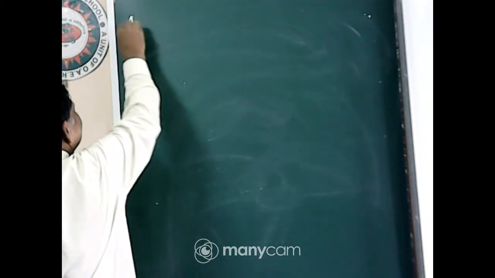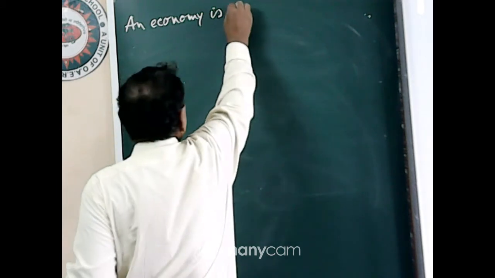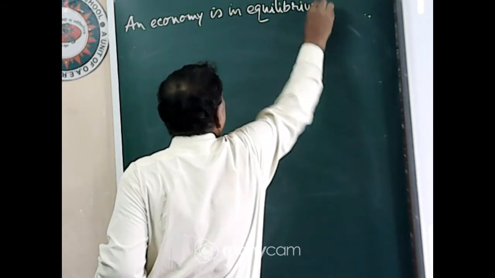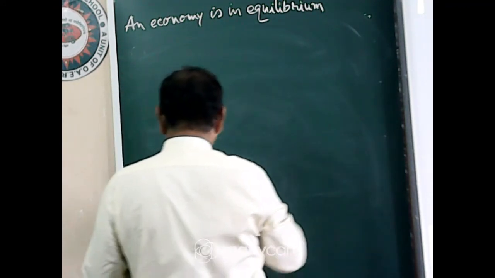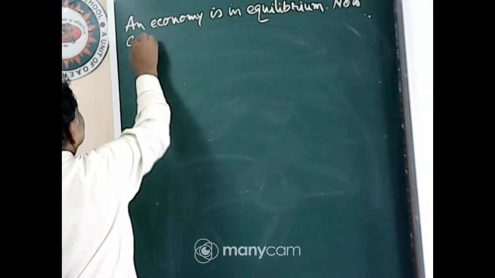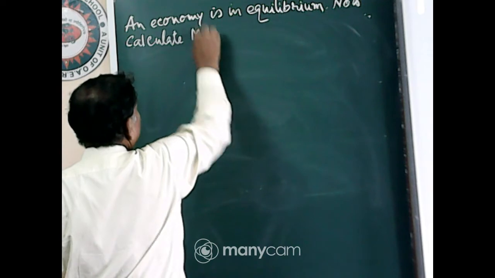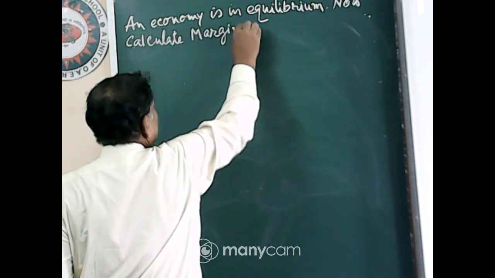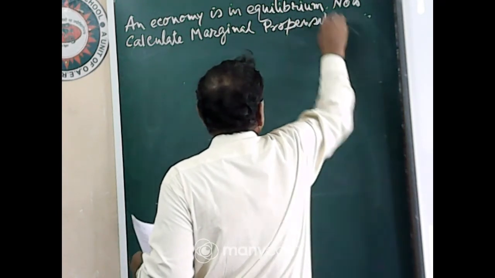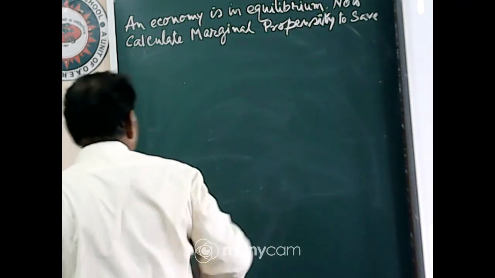An economy is in equilibrium. Now, calculate marginal propensity to save from the following data given.